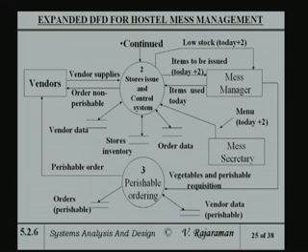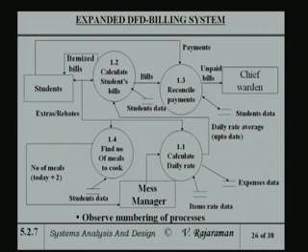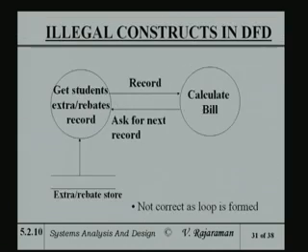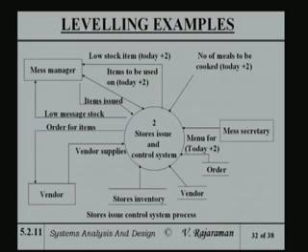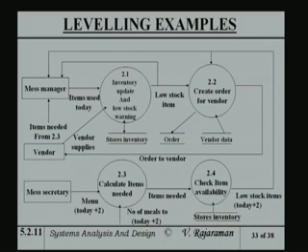And from that I went to 1.1, 1.2. Now I broke up 1 into multiple parts, and then I broke up 2 into multiple parts. So effectively I have shown the leveling as an example.